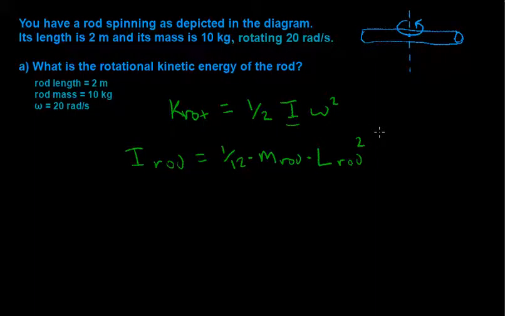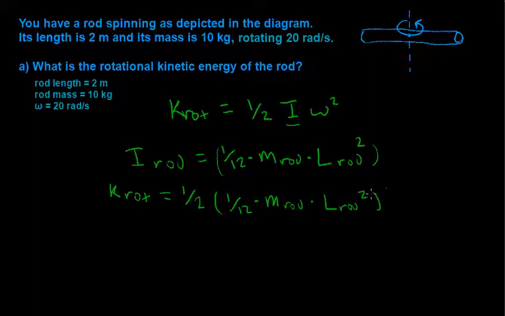So instead of calculating this individually, we're just going to put this big conglomerate inside the equation that we have for our rotational kinetic energy. So the rotational energy for our rod is then going to equal 1/2 times this entire moment of inertia, 1/12 times the mass of our rod times the length of our rod squared, and then all times our angular velocity squared.